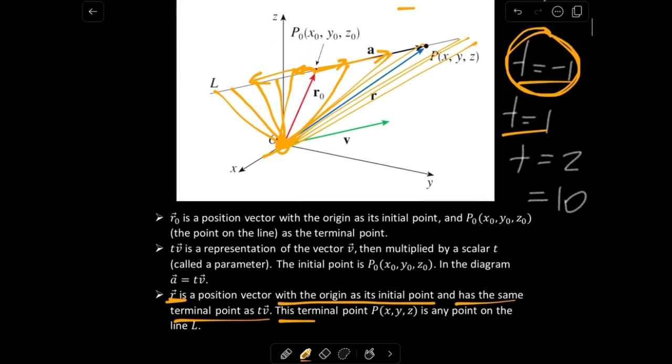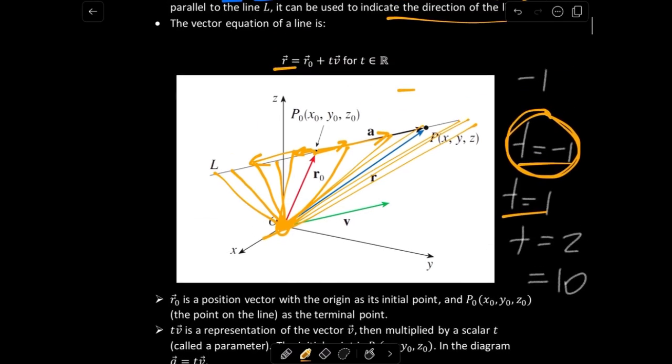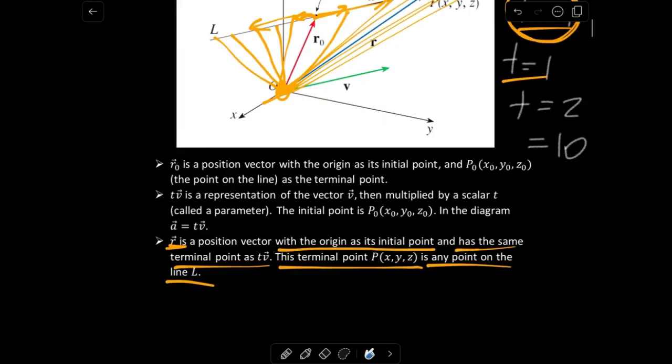Like I said, this terminal point P(x, y, z) is any point on the line L. So this vector r is going to map out the line as you change that t value, which is a parameter. So let's see that a bit more clearly in a better diagram.